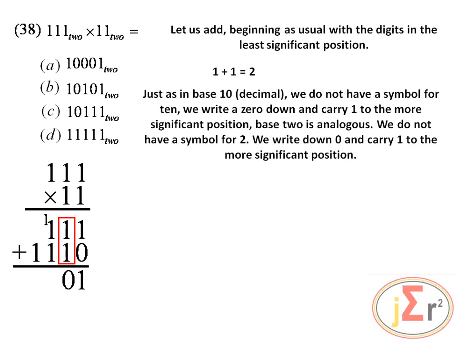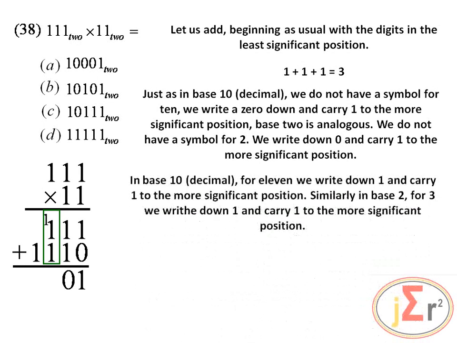Like so. Now we have 1 plus 1 plus 1, which is equal to 3. In base 10, which is decimal, for 11, we write down 1 and carry 1 to the more significant position. Similarly, in base 2, for 3, we write down 1 and carry 1 to the more significant position. Because 11 is 10 plus 1.